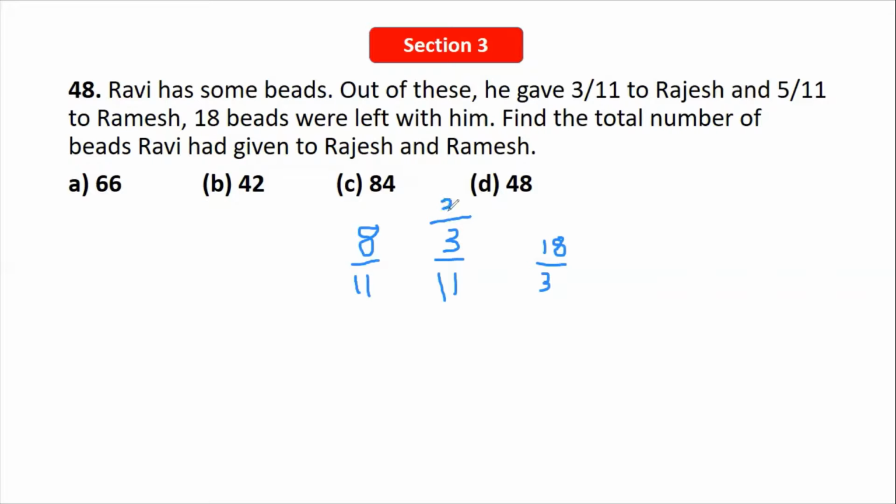Now we want to find 8/11 of that, so we multiply by 8. 6 times 8 equals 48. So that's the answer. Now I will erase and go to the next question.